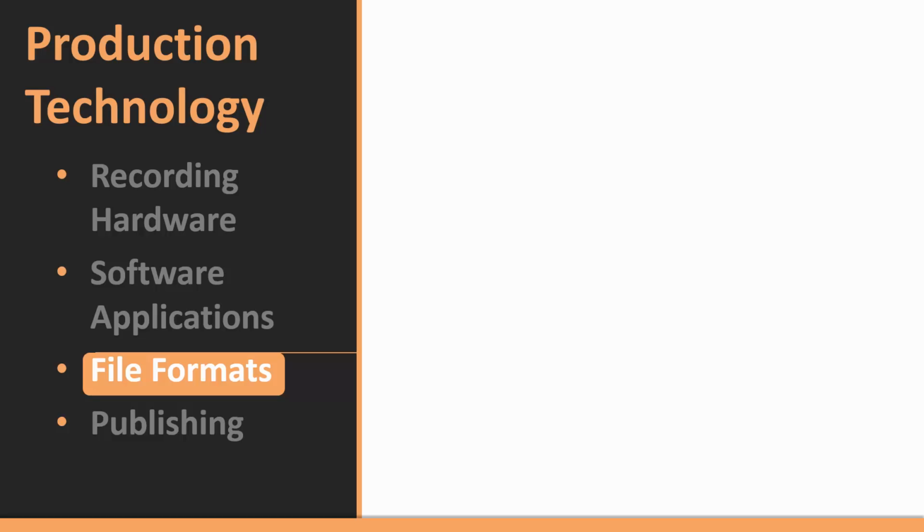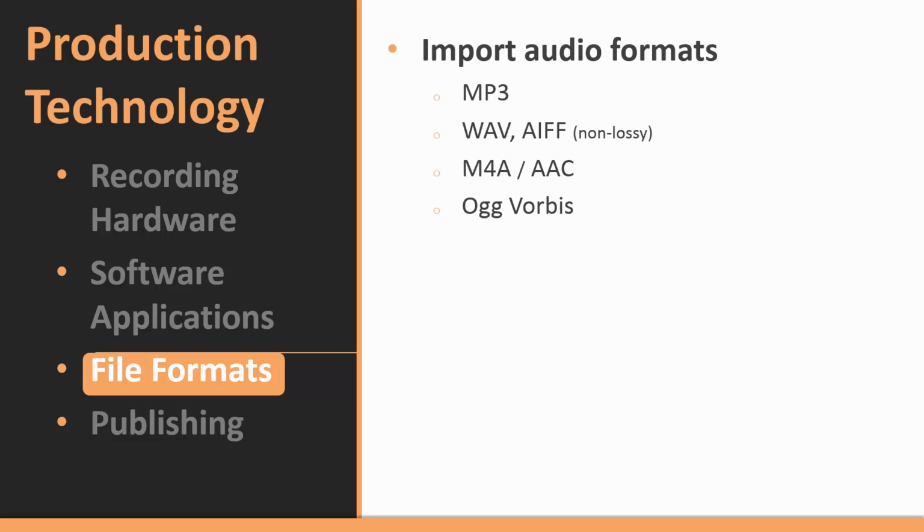So having said that, let's say we want to create an audio composition. One of the first options we have, other than recording our own files in real time, is to import other files. And most of these audio editors tend to focus around the following import audio formats. MP3, you know, of course.